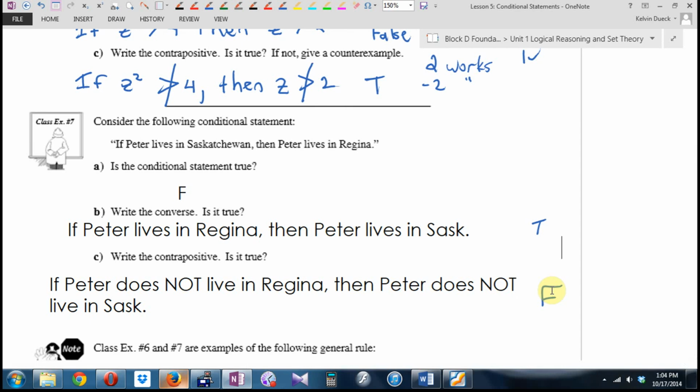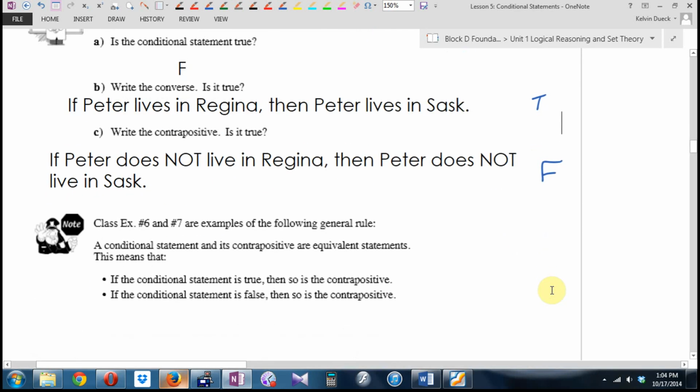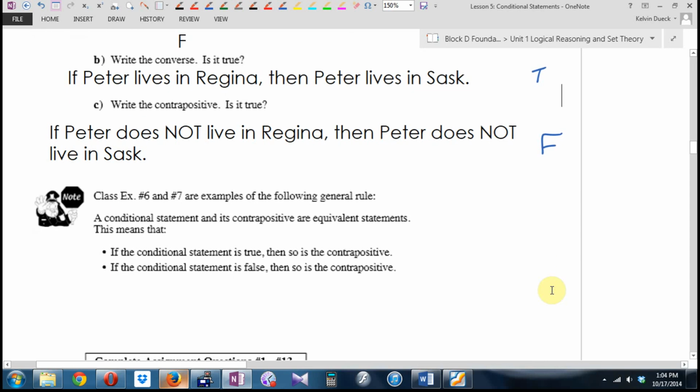The converse and the conditional are both true. Little note then. Examples 6 and 7 are examples of the following rule. A conditional statement and its contrapositive are equivalent statements. This means that if a conditional statement is true, so is the contrapositive. If the conditional statement is false, so is the contrapositive.